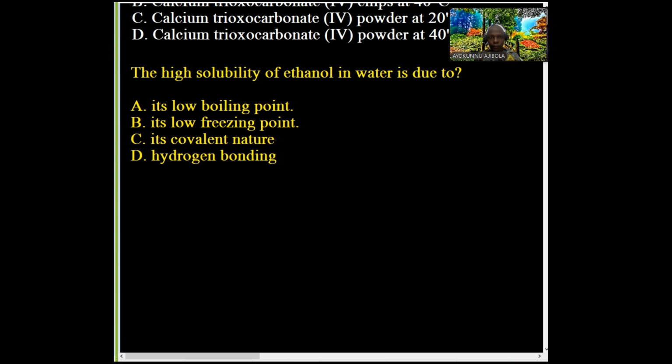So ethanol is an alcohol that is soluble in water, and this is because ethanol has a hydroxyl group, the OH in the ethanol, and it is able to form hydrogen bonds with the water molecule, H2O.